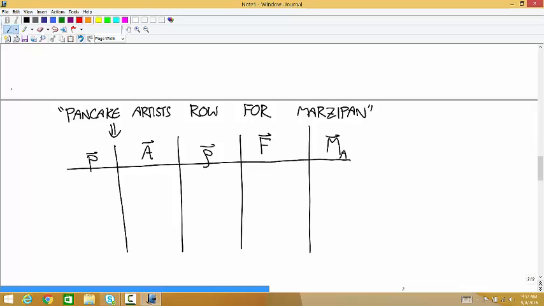And so this P is the coordinates of the point where the force is applied.